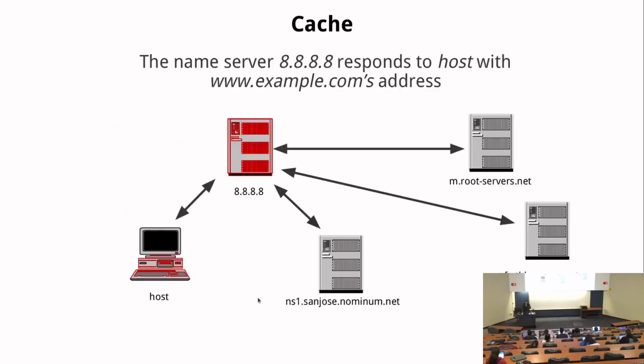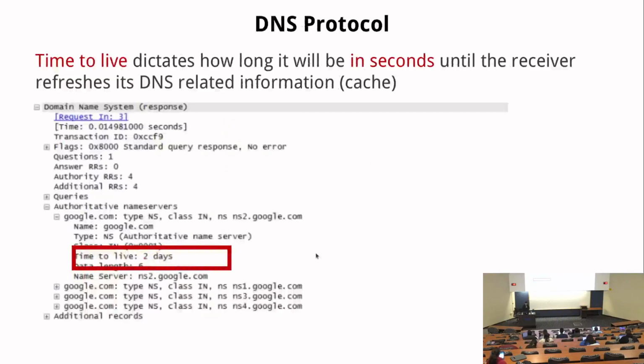As for caching, let's say the name server here wants to respond to the host with example.com's address, but it can cache that mapping locally. It doesn't have to send out messages to all the servers. The DNS protocol actually has a field which is time to live. This is very similar to the IP packet, which also has a time to live field, TTL.